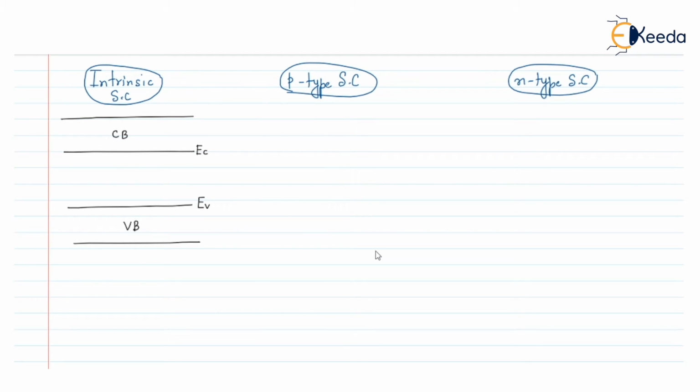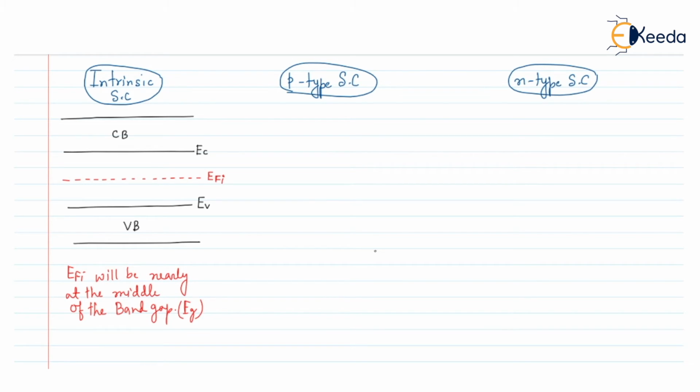Now, for the intrinsic semiconductor, the Fermi level energy will be nearly at the middle of the band gap. So this is the Fermi energy level of the intrinsic semiconductor, EFI, and it will be nearly at the middle of the band gap.